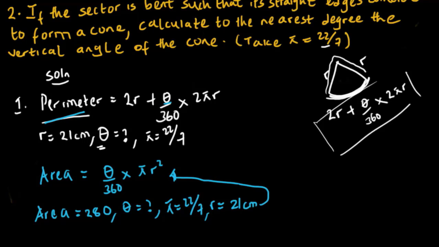Does that make sense? So if we slot all these into the formula, we have 280 equals theta over 360 times 22 over 7 times 21 square over 1.